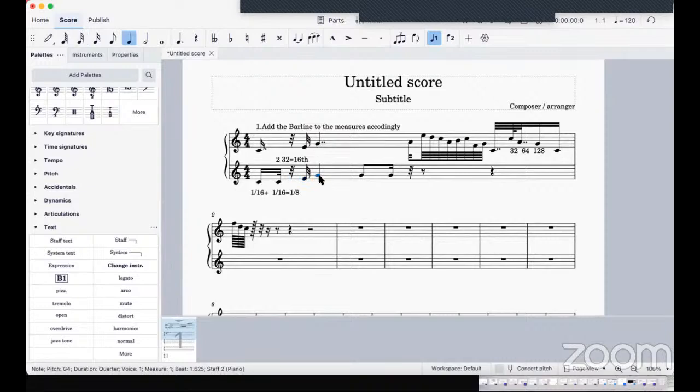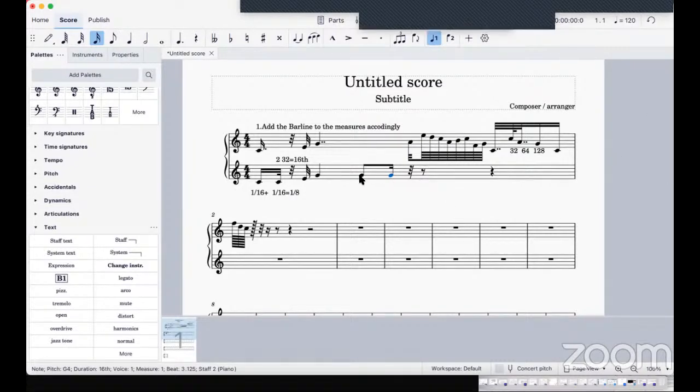Now starting here. I have 1 whole note, 1 quarter note, 1/16 note. Here I have 1/32, and all this here is equal to a 1/8 note.